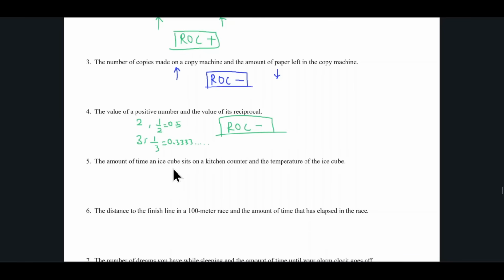The amount of time an ice cube sits on a kitchen counter and the temperature of the ice cube. Obviously, when the ice cube melts, its temperature increases, right? That's why it is melting. So the time the ice cube takes to melt and the temperature of the cube, aren't they inversely related?